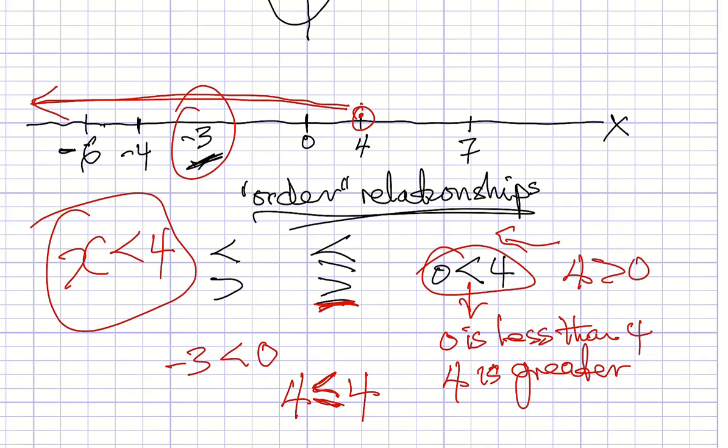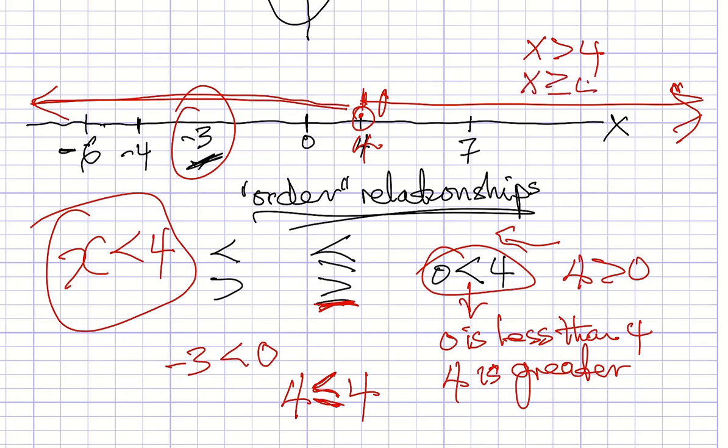Supposing you say x is greater than 4, right? That means 4 is over here, so x can be anything going that way. x can be 2000, x can be 7, x can be 9. So x is a variable, right? Supposing you say x is greater than or equal to 4.